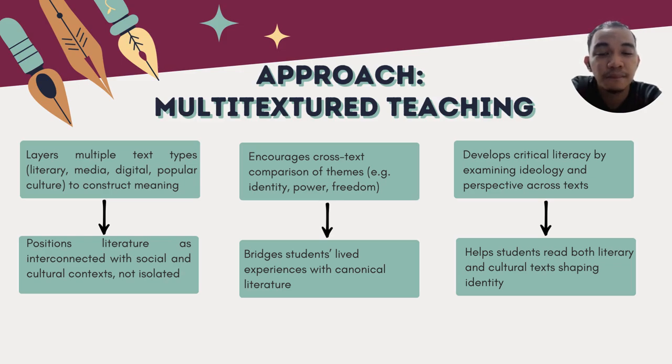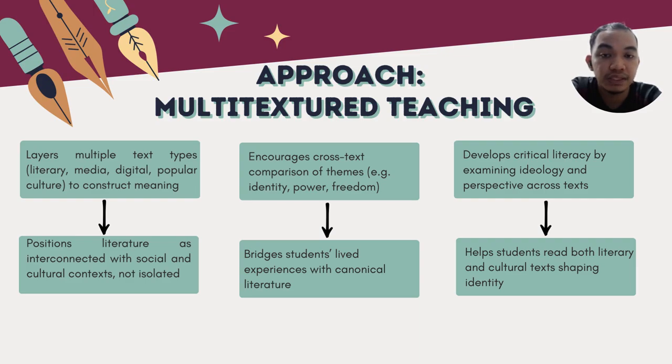Now, for example, instead of teaching a traditional coming-of-age unit using only a single canonical novel, teachers might pair The Adventures of Huckleberry Finn with magazine articles from Ebony, news media, and autobiographical essays.